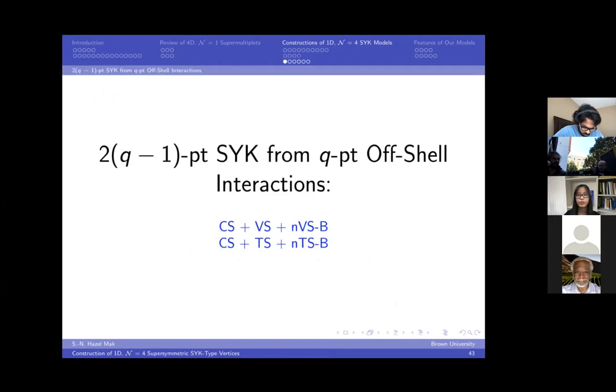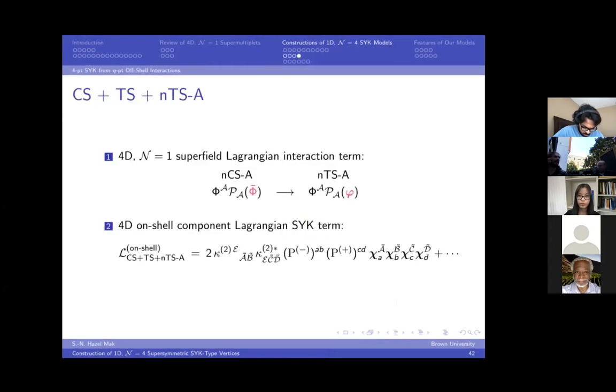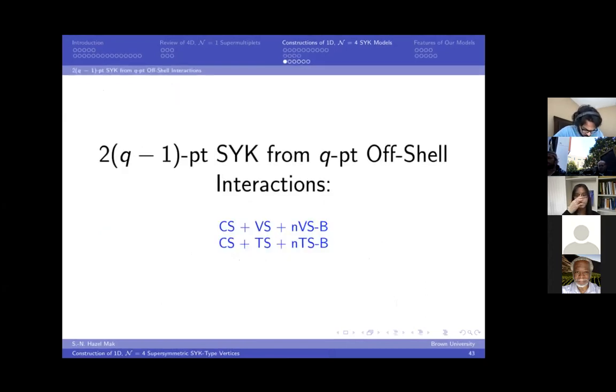So the third method. The second method, we construct 2 of these SYK-type vertices, and the third one is a little bit different. First of all, it is 2q-1 points when onshore, so it's the more general form of the SYK models.